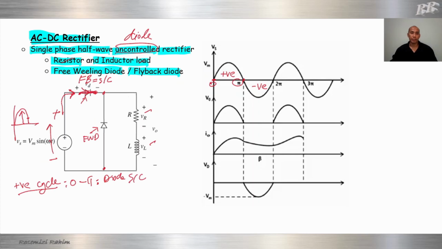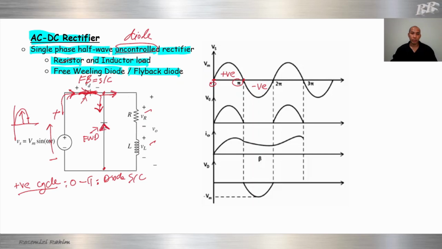Short circuit here. Then current will flow from there, and current can go here, can go here. So current will split into two: go down and also go to the right. The arrow of the FWD is opposite.